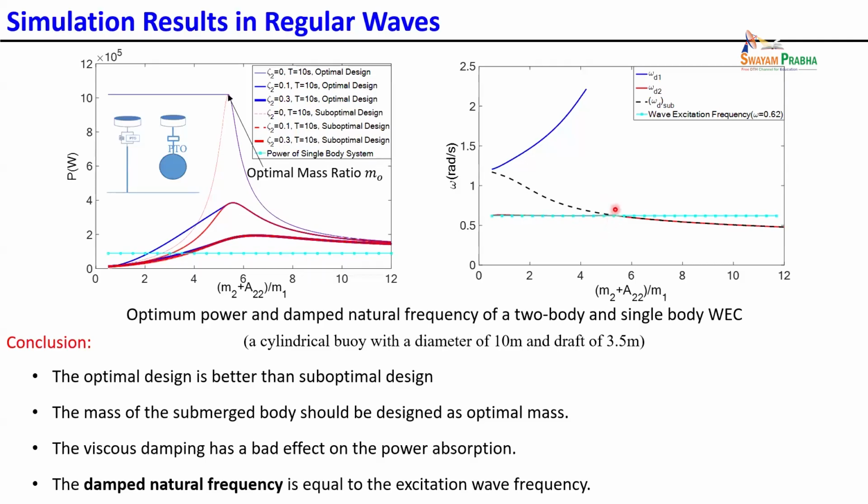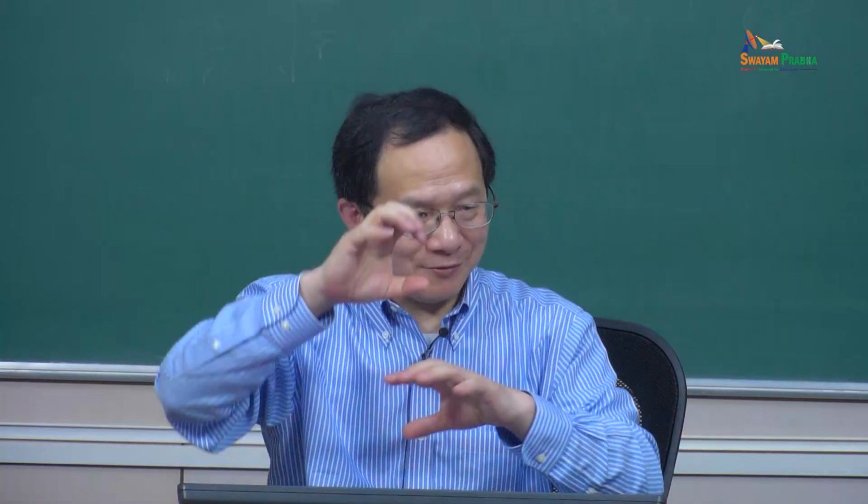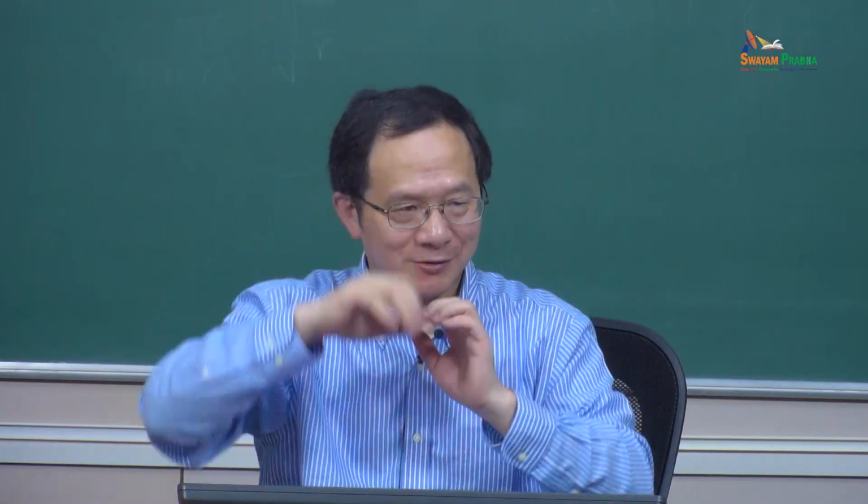When you have the best power output, this happens when the damped natural frequency is exactly the same as the excitation frequency. So the two-mass system is still matching frequency. The only thing that matches is the damped natural frequency.